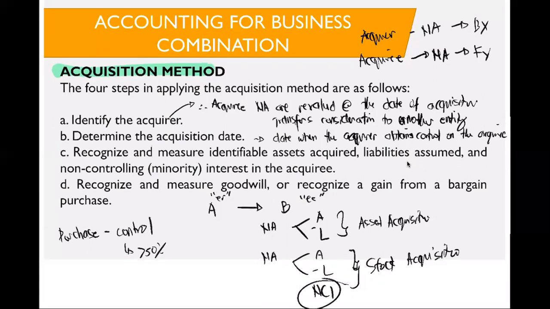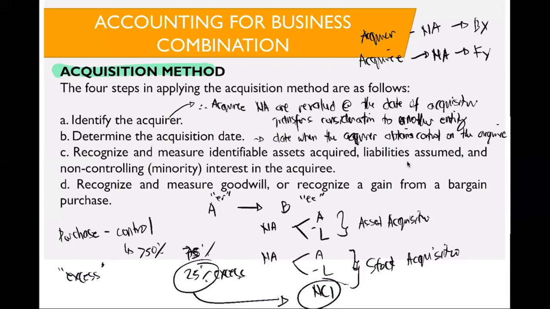So what happens with the excess? So assuming you purchase 75%, okay? You purchase 75%. What is the excess? 25%. The excess of the ownership interest is known as your non-controlling interest. Again, in your stock acquisition, we measure all of these items: the asset of the acquiree, the liability of the acquiree, and the non-controlling interest.